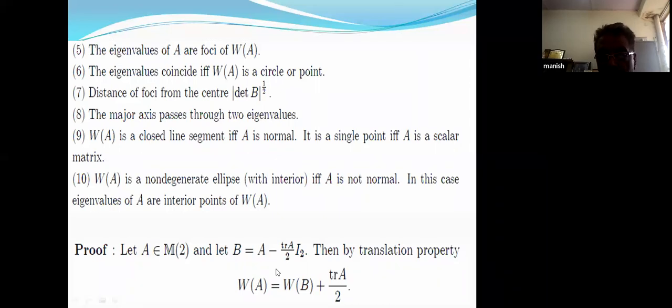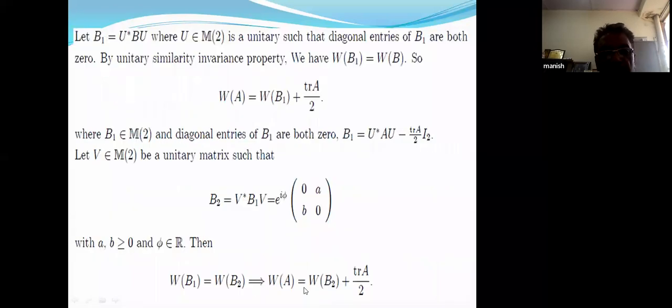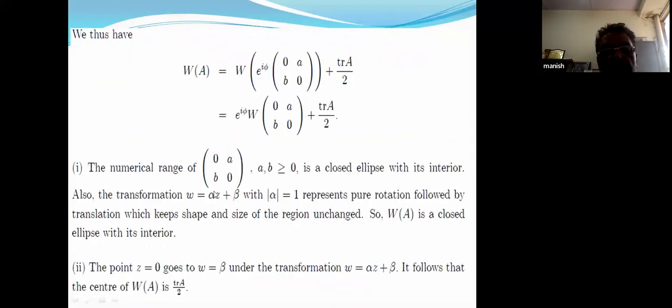Now we consider matrices which are unitarily similar to the matrix B. And as discussed in the above lemmas, the numerical range of B comes out to be equal to e^(iφ) times the numerical range of this matrix [0 a; b 0] plus trace A by 2, where φ is any real number.